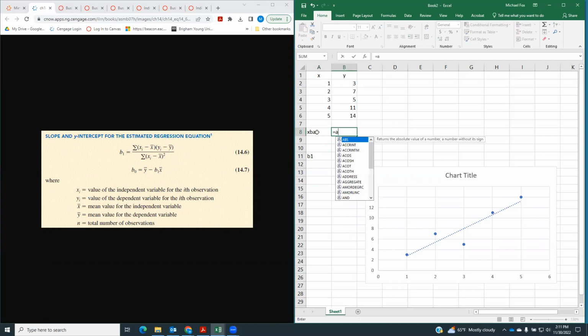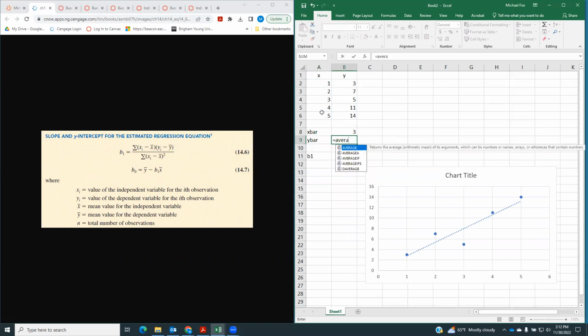So I'm going to do equals average, and then I'm going to just highlight all of the x's, and that gives me x bar. I can also find y bar the same way, equals average, and then we'll just highlight all the values of y. There's our x bar and our y bar.